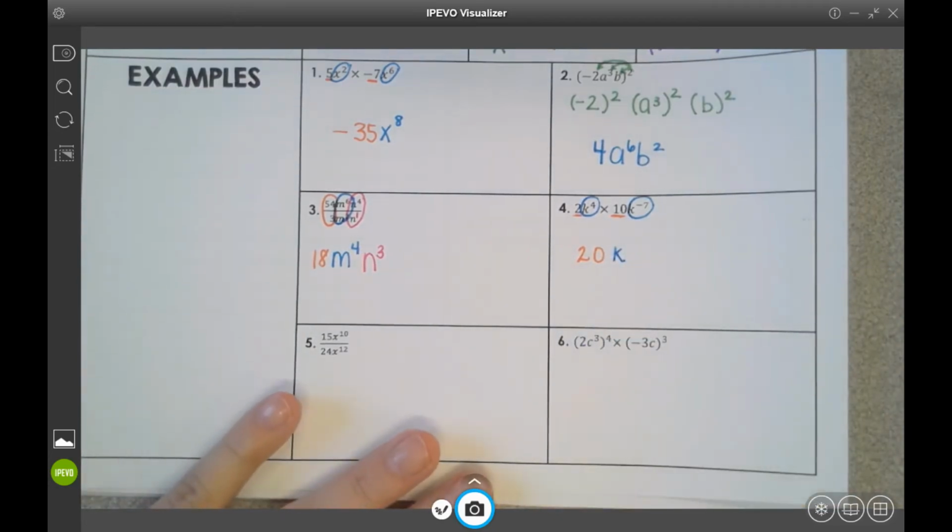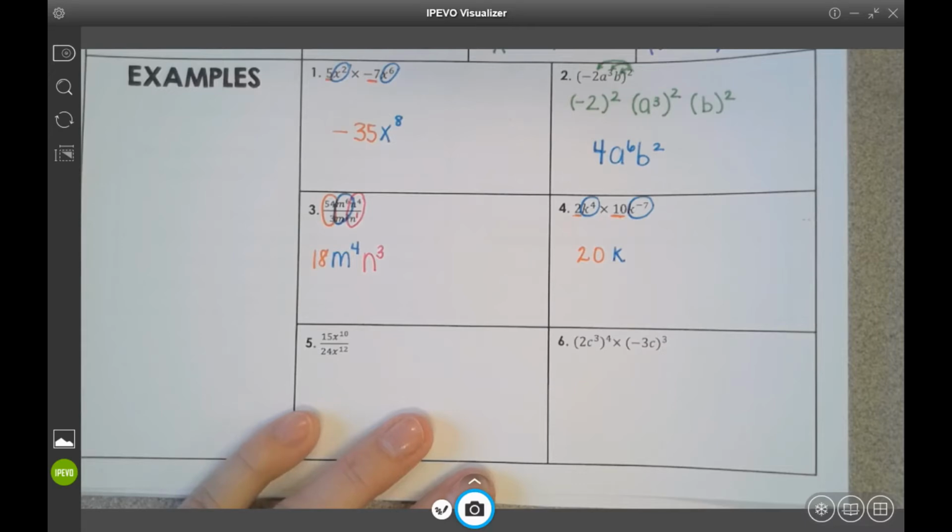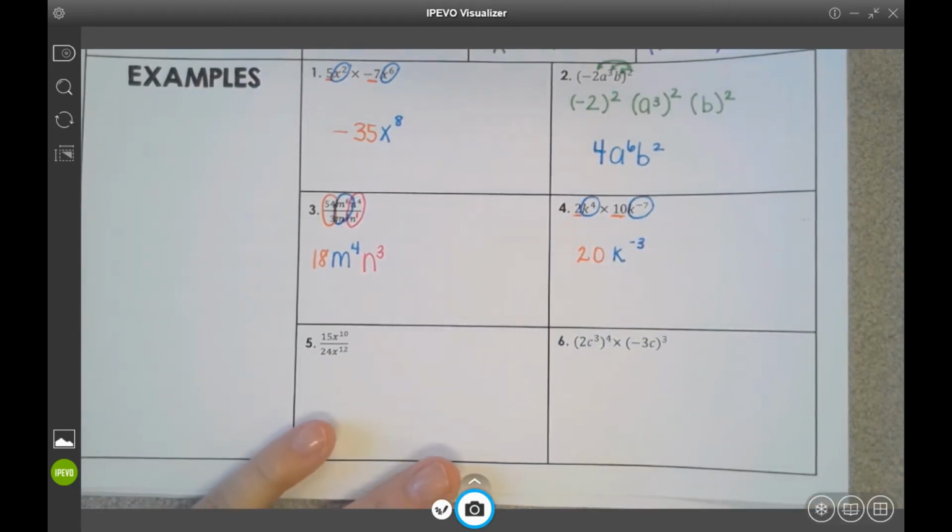So what is 4 plus negative 3? Yes, but what's 4 plus negative 7? Negative 3. Yes. I gave you the answer, so negative 3. So k to the 4th times k to the negative 7th is k to the negative 3rd.